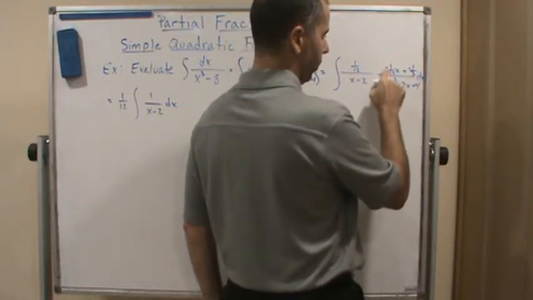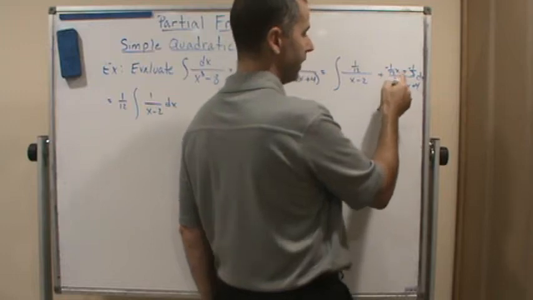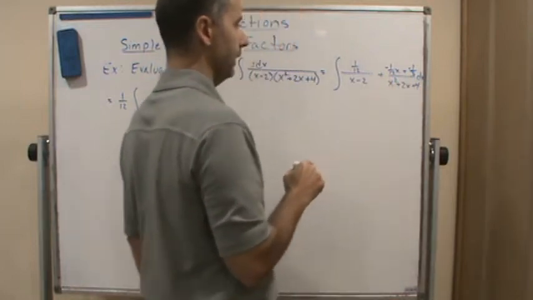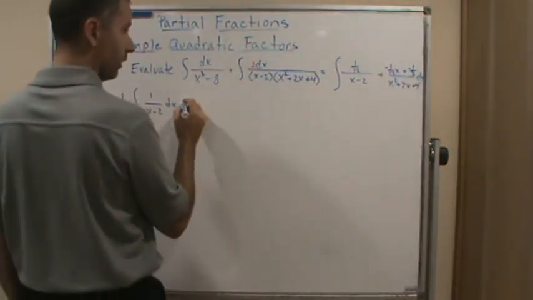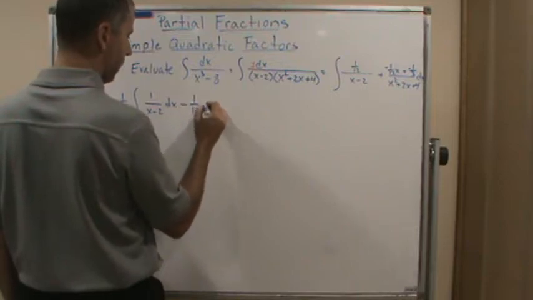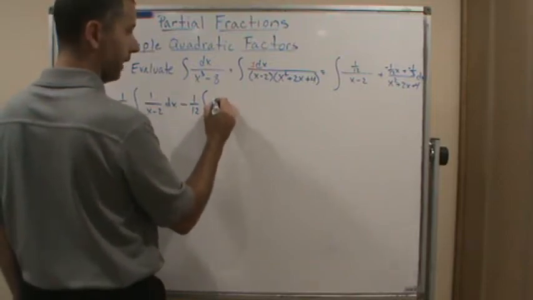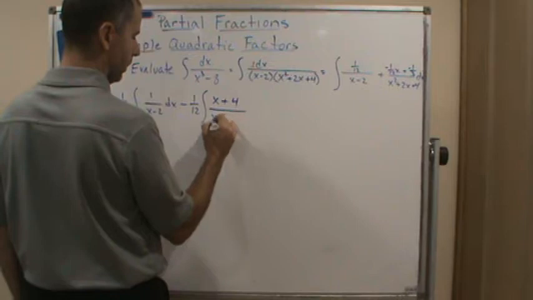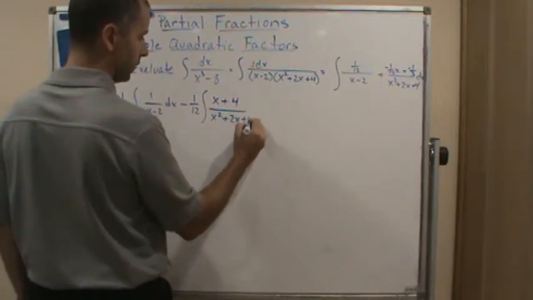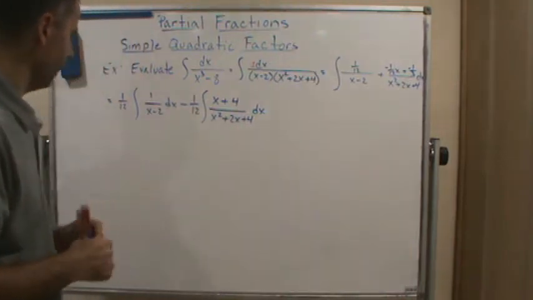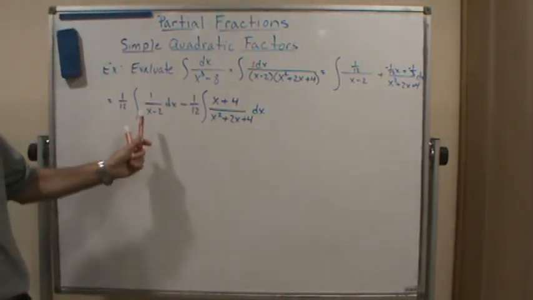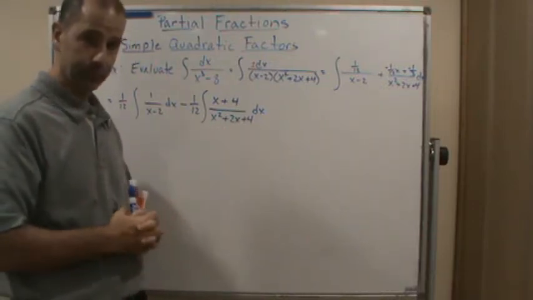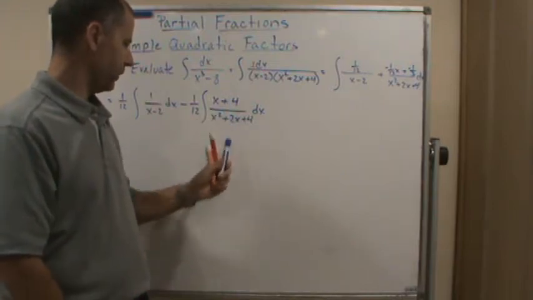If I factor out a negative 1/12, that's going to leave a 1 here and a 4 here. So minus 1/12 times the integral of x plus 4 over x squared plus 2x plus 4 dx. Now this first one we can do easily. I'm not going to do that right now, but this is easy to do. This one, not so easy, because I don't know what to do with this.